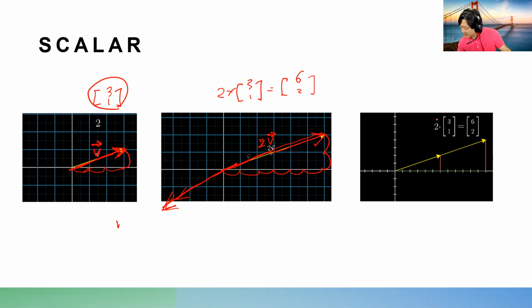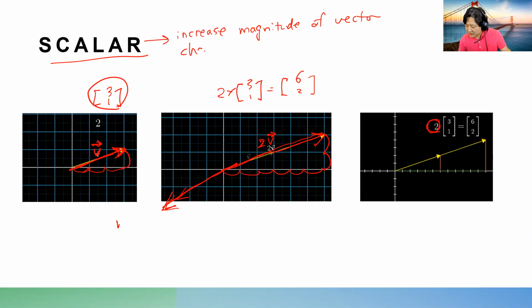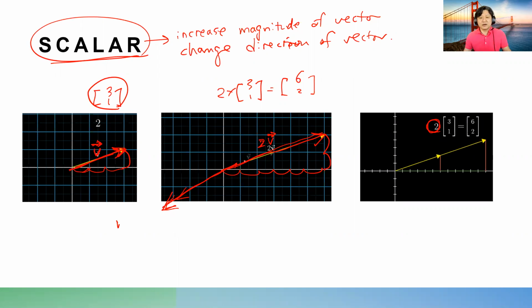So right here, the scalar increases magnitude of your vector, or sometimes it changes direction of vector. Okay. So scalar is the scaling factor. So how can we scale? How can it change our vector space? So this is scalar.